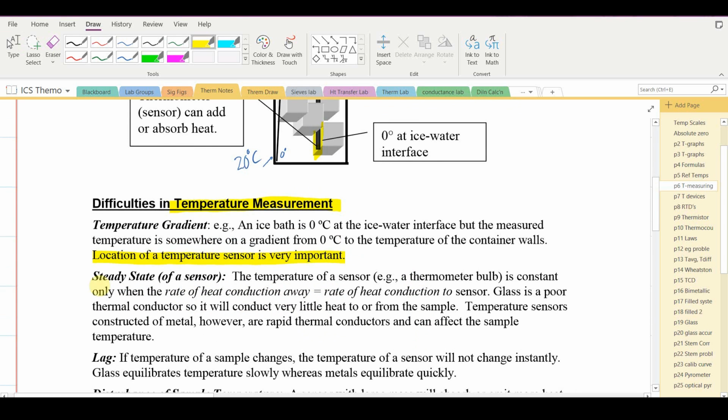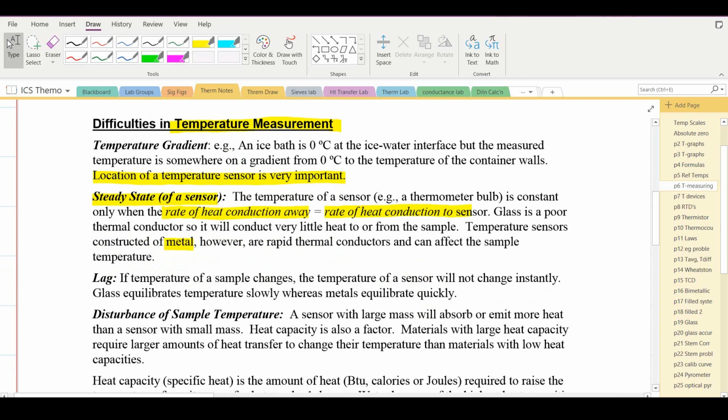Let's consider the steady state of the sensor. The steady state of the thermometer bulb would be constant when the rate of heat conduction away from the sensor is equal to the rate of heat conduction to the sensor. Now, glass is a poor conductor, so it would conduct heat very slowly to or from the sample, whereas temperature sensors made of metal would equilibrate rapidly because they're rapid thermal conductors.